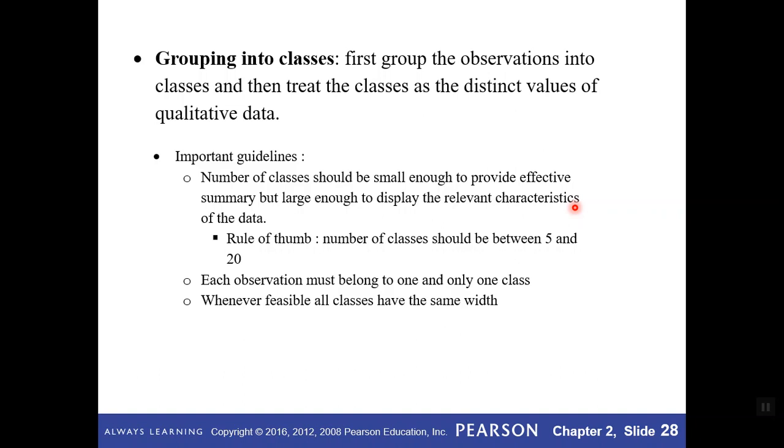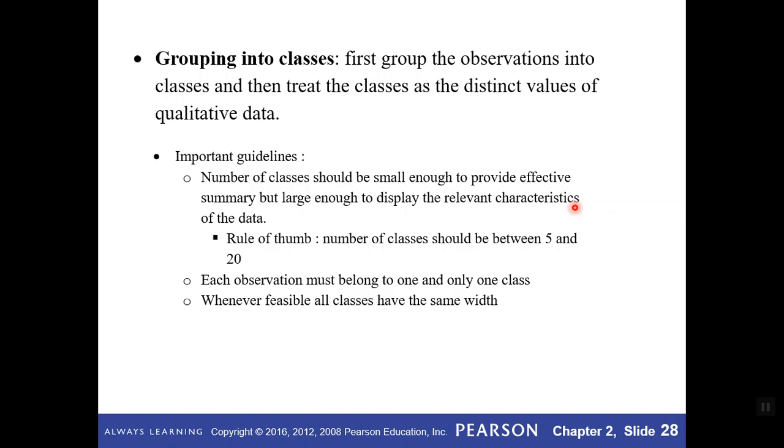Each observation must belong to one and only one class. That's really important. If you consider one observation, that observation cannot belong to two classes. Definitely it has one class. Whenever feasible, all classes should have the same width.